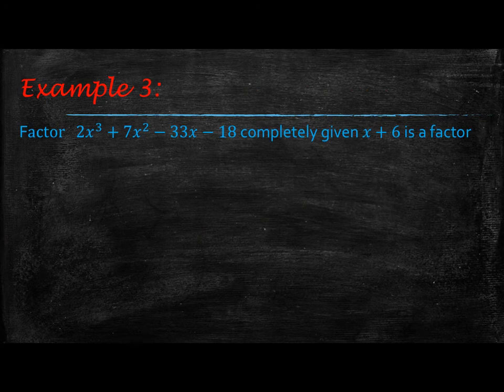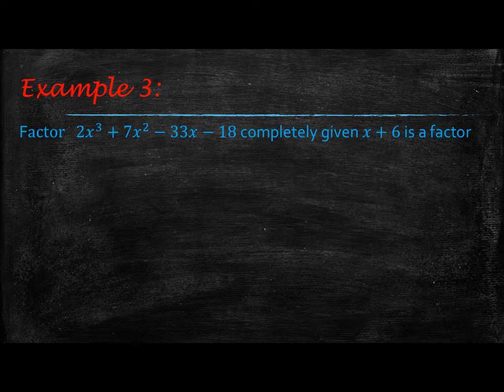All right, so this next example will kind of walk you through how to use the remainder theorem and the factor theorem in this problem. So it says factor 2x to the third plus 7x squared minus 33x minus 18, given that x plus 6 is a factor. So what we can do here is, if this is a factor, then we're saying that the remainder is 0.